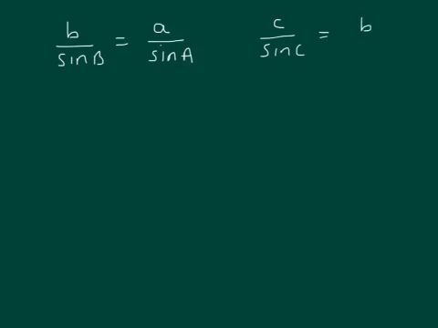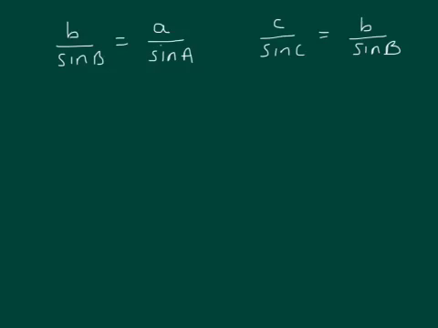So we've now got B over sine B equals A over sine A from the beginning, and we've also got C over sine C equals B over sine B from just now.